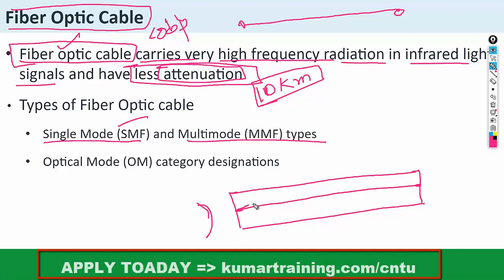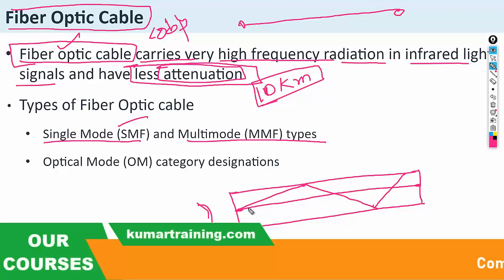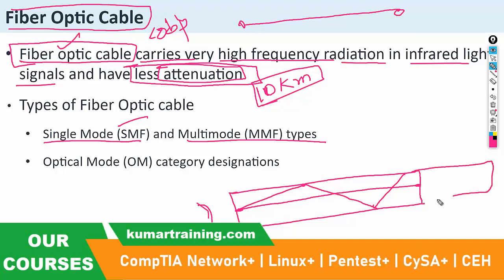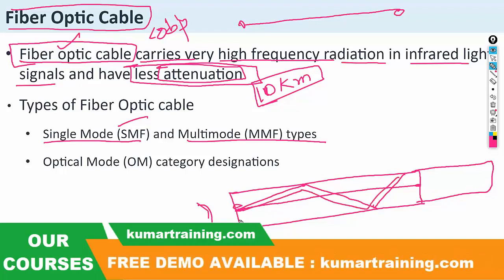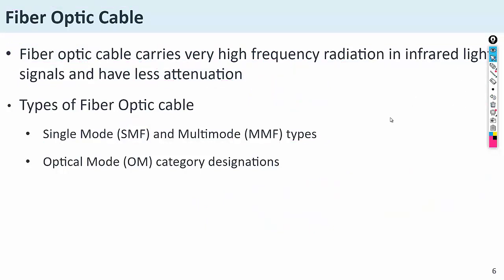If anywhere it hits the wall, then it will reflect again and reflect. Due to the reflection, a high length or distance is covered. When data is traveling in a single mode, it is called single mode fiber optical. But when data is traveling in multi mode, it means multiple lights can be emitted at the same time, so it is called multi mode fiber optical cable. For more detail, we will discuss later.